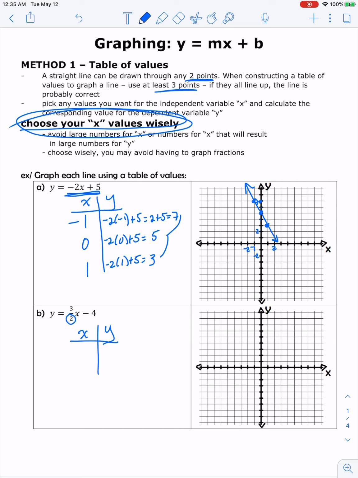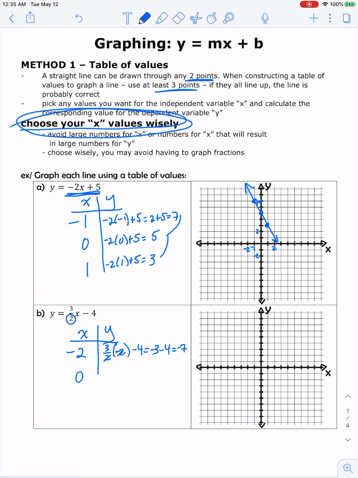So I'm going to choose -2 as one of my values. 3/2 times -2, the 2 and the 2 will cancel, giving -3, because that negative is still there. -3 minus 4 equals -7.